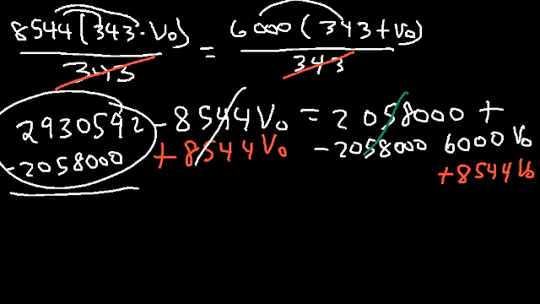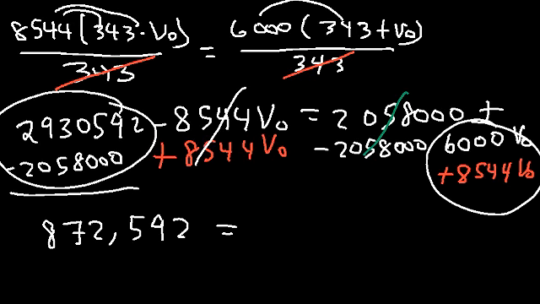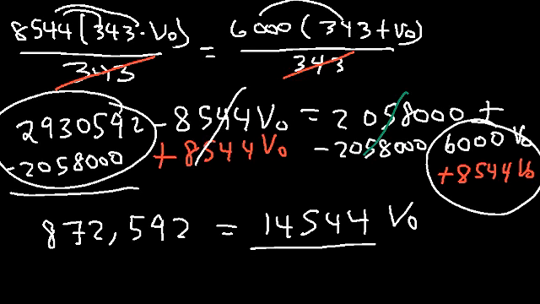So if we subtract these two numbers, you should get 872,592. And if we add these two, it's going to be 14,544 times VO. So let's divide both sides by 14,544.